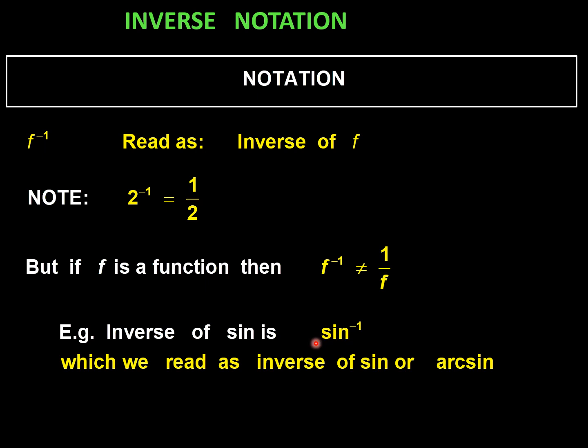For example, if you have sine of 30 degrees, the output is 0,5. So if I take the inverse of sine of 0,5, then I end up back with my 30 degrees. And you know, this here is not sine -1. We read that as inverse of sine or arc sine.